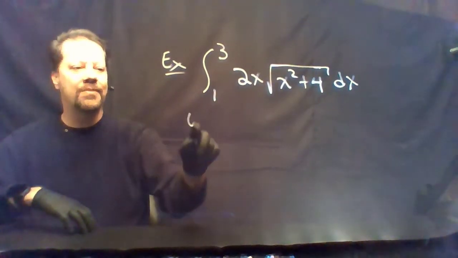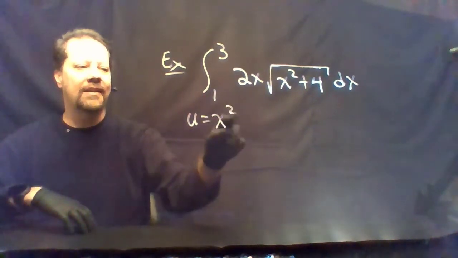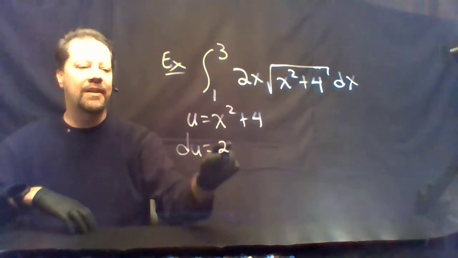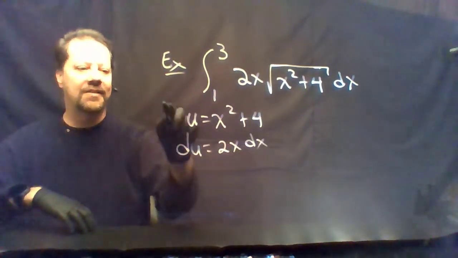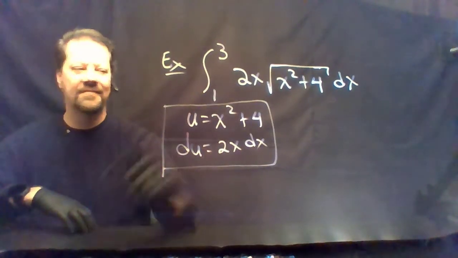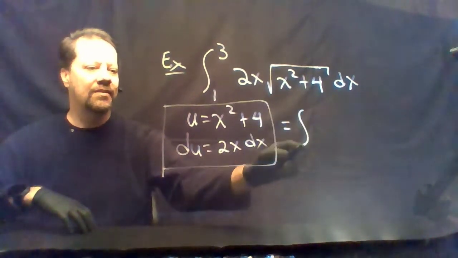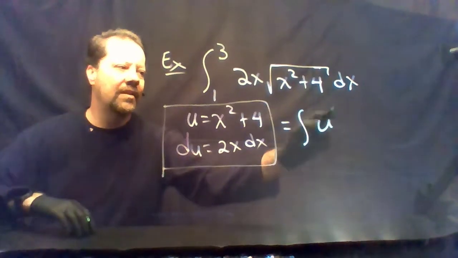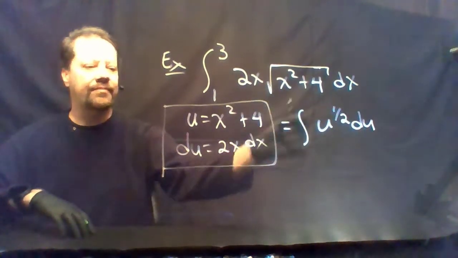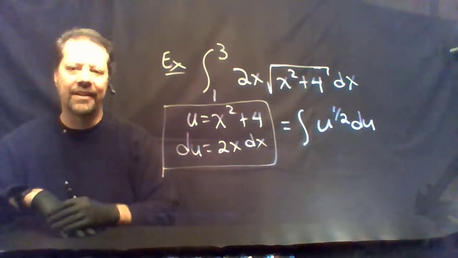The u substitution is going to be x squared plus 4, and du will be 2x dx. Seems simple enough. The integral is transformed as the integral of u to the 1/2 du, but what about the limits of integration?